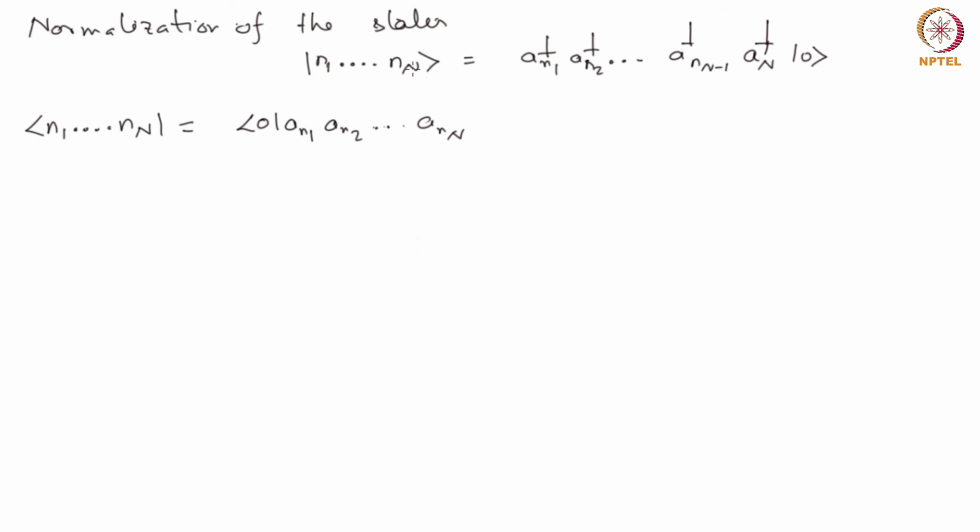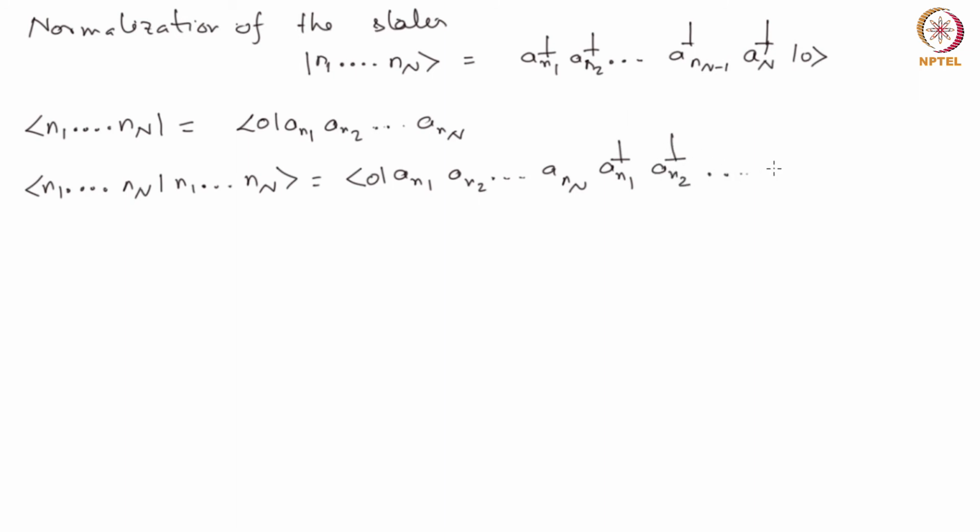Now let's look at this inner product. So you write this one: bra 0, An1, An subscript 2, An with a subscript n, and then you have An subscript 1 dagger, An subscript 2 dagger, and An minus 1 dagger, An dagger ket 0.